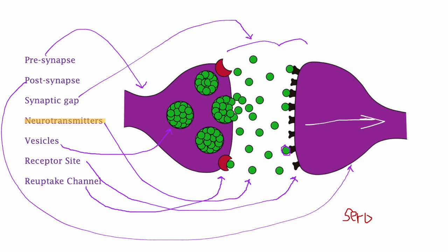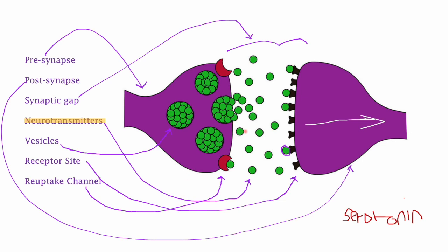Many neurotransmitters in the brain, but serotonin is the one that has been linked to depression. So serotonin plays a role in mood, appetite, and sleep.